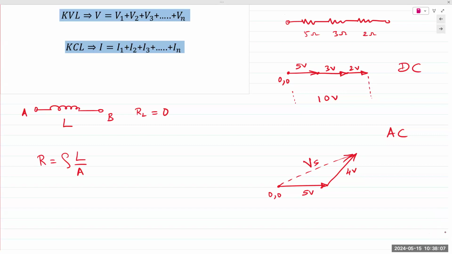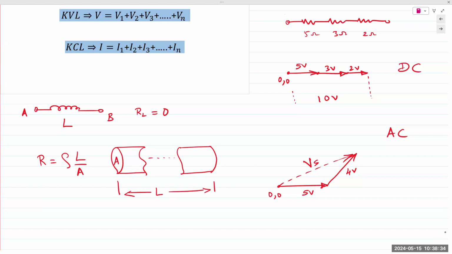So if you have a wire, and this is an enlarged description of a wire, L would be the total length of the wire from end to end, and A is the cross-sectional area of that wire.